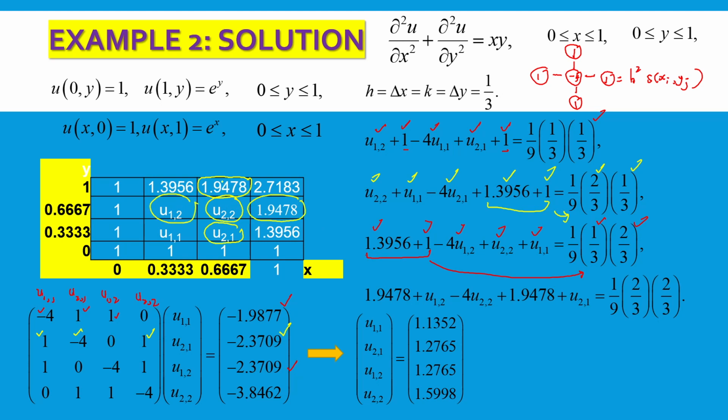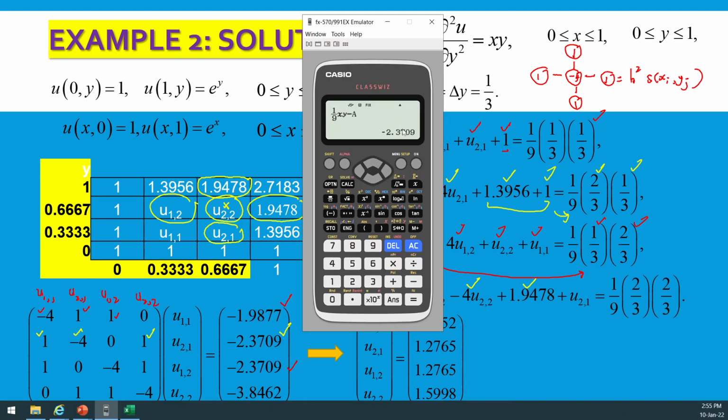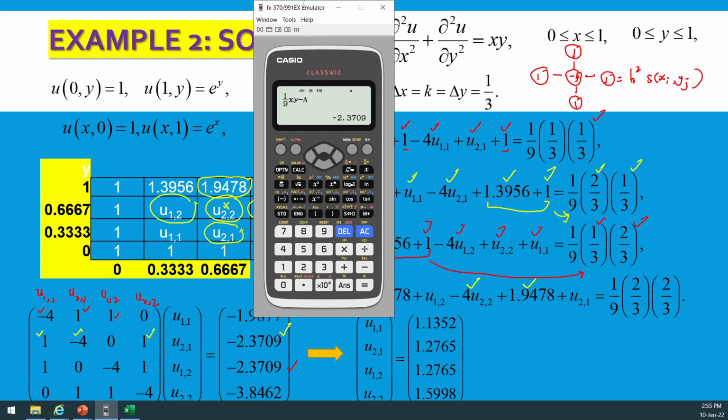So the fourth equation: top 1.9478, left 1 u12, center -4 u22, right is 1.9478, bottom is u21 equal to 1. h squared is 1/3. We are standing at u22 where x is 2/3, y is also 2/3. And then you may calculate the vector b number 4.